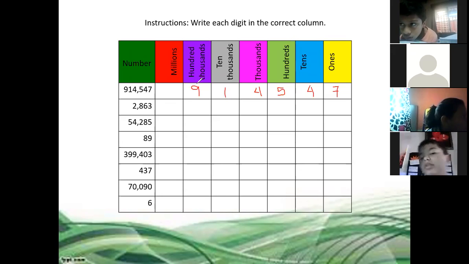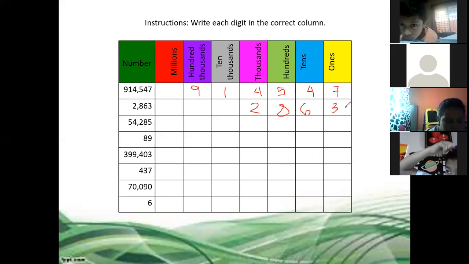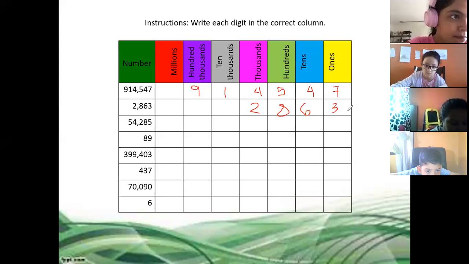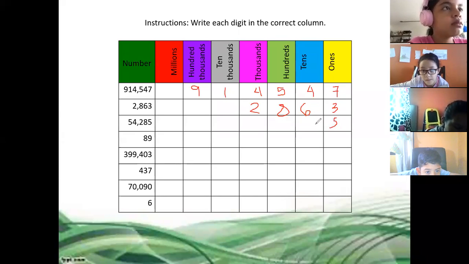The last one is 100,000. Then the next one, we have 3, 6, 8, and 2. It is important to understand that you have to begin writing the numbers at the right. The next one, 5, 8, 2.